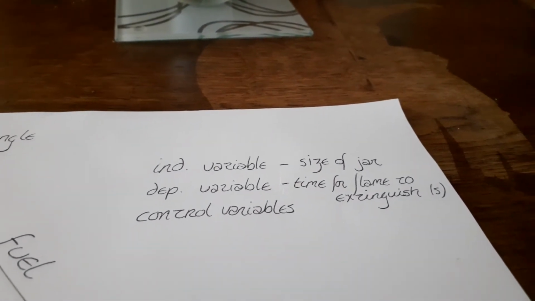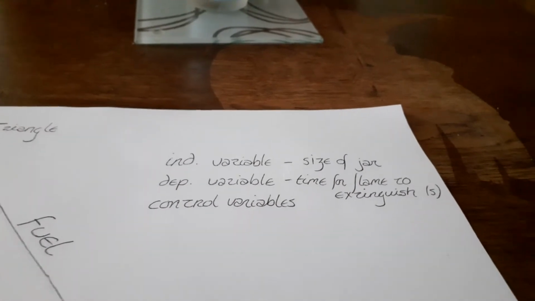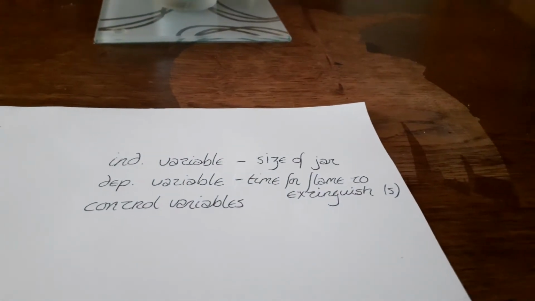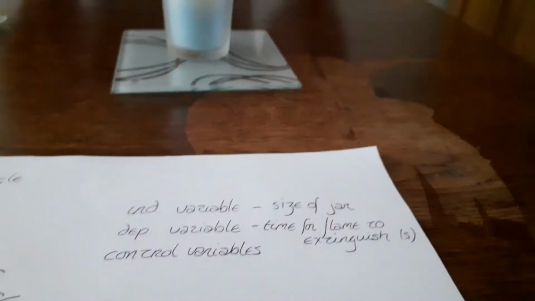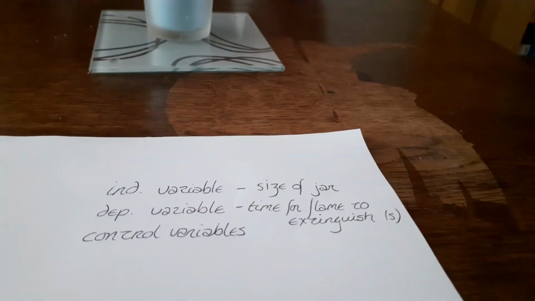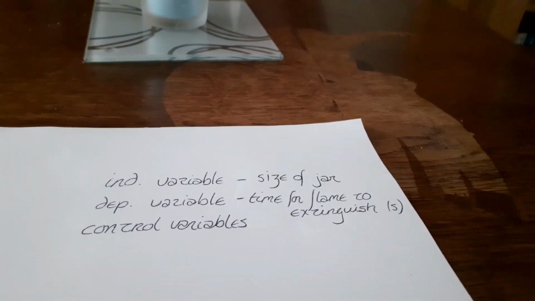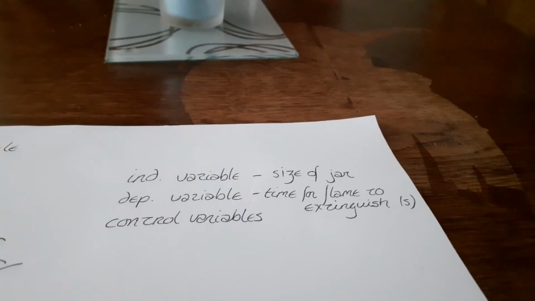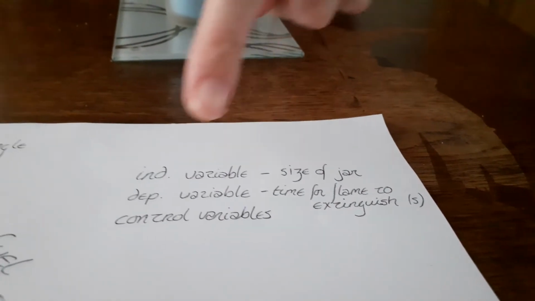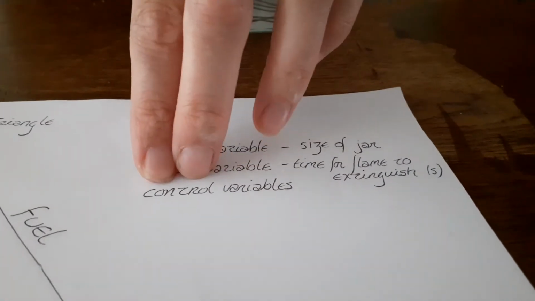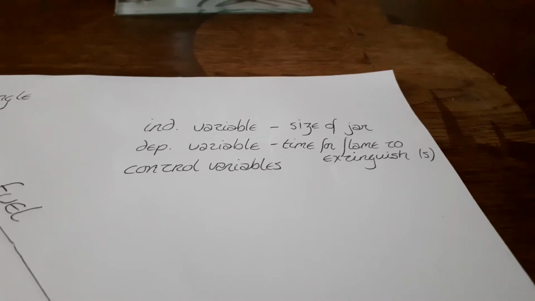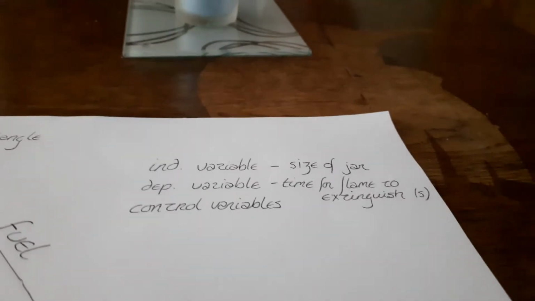I know this sounds really daft, but if you do one of them outside and you do one of them inside, or if you do one of them after you've been cooking, so if you do it near the oven, you might have a slightly different amount of oxygen in the air. That's very unlikely. The temperature as well could have an effect, so try and do them at about the same temperature. Lots of different things that you need to keep the same, that you need to control, because if you don't, then the results will be invalid.